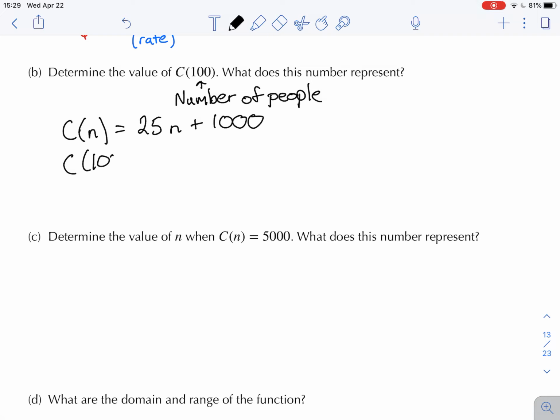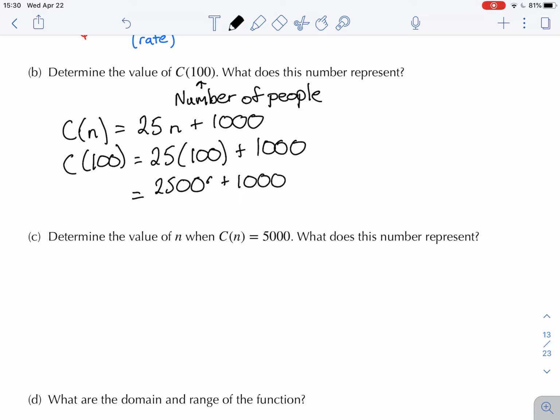C of n is equal to 25n plus 1,000. So C of 100 is equal to 25 times 100 plus 1,000. It's equal to 2,500 plus 1,000, which is equal to 3,500.